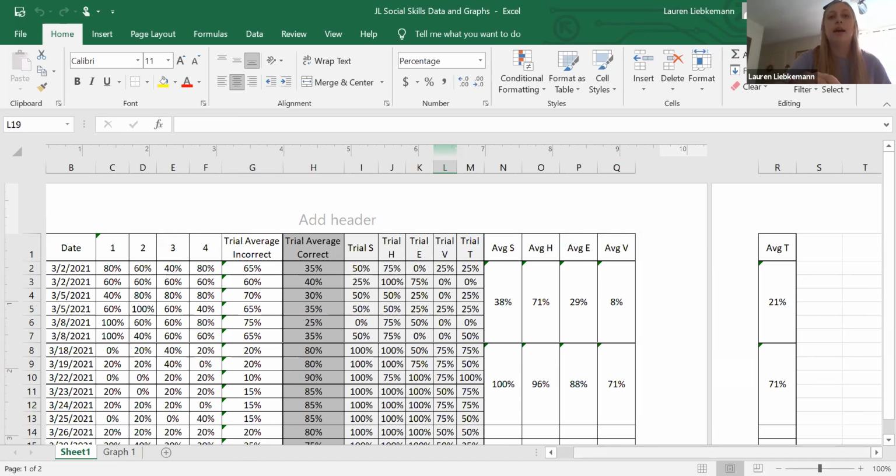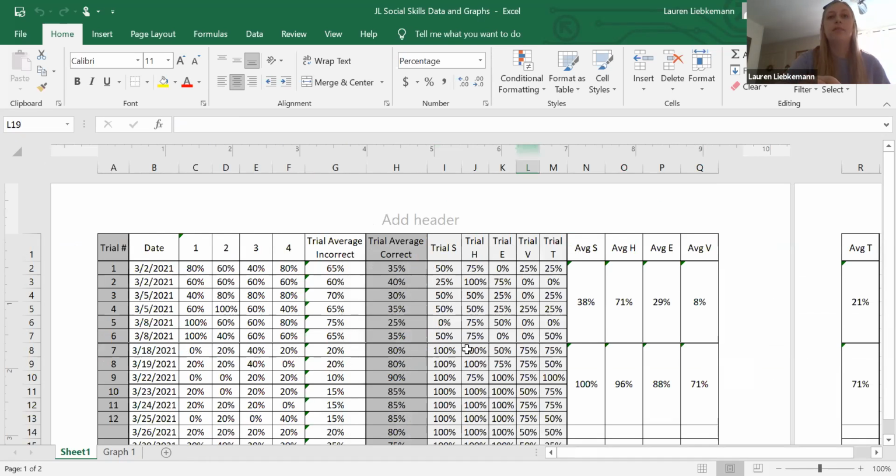After the treatment, on March 18th, she came back, and he went from 65, 60, 70% incorrect down to 20%, 10%. His average correct went up to 80 and 90%, which was really awesome.